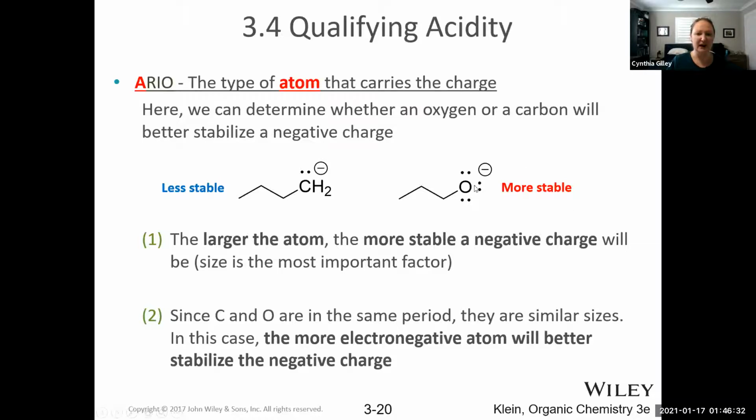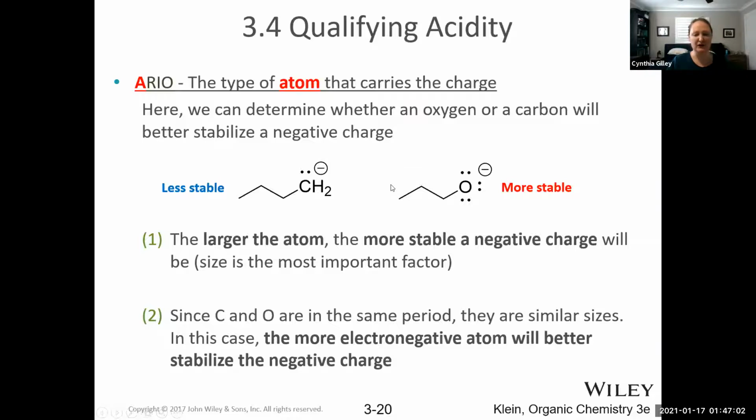What that says is the oxygen atom, which is more electronegative, will be able to stabilize its lone pair, and as a result the negative charge, more effectively than a carbon atom, because a carbon atom is less electronegative. So basically, it's not able to hold its electrons as close to the nucleus and thus stabilize them as an oxygen atom would be.